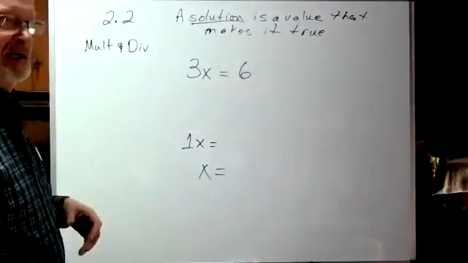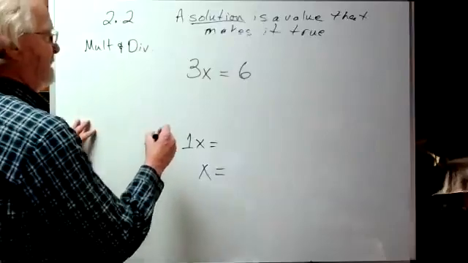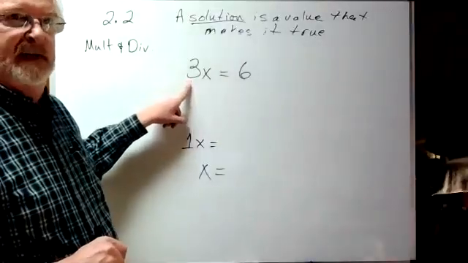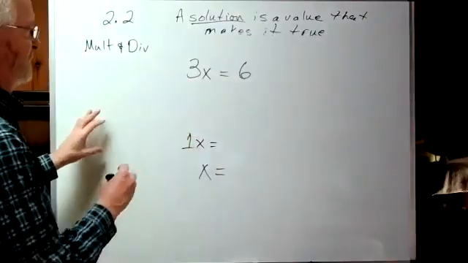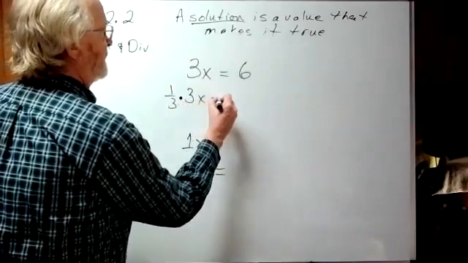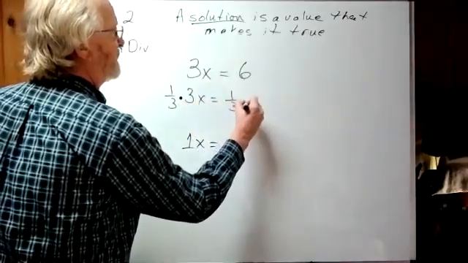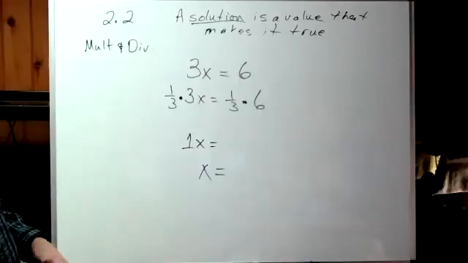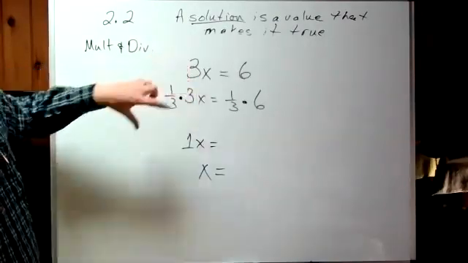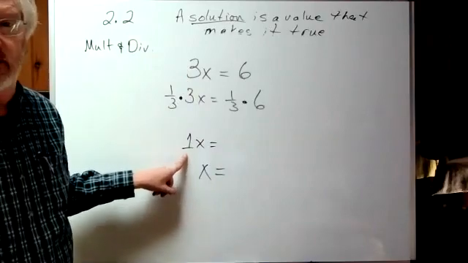I'll show you a couple of ways it's okay to think of this. If I multiply both sides by the reciprocal of 3, 1/3, everybody okay with that? I chose 1/3 because it's the number that's going to cancel the 3 or turn it into a 1.